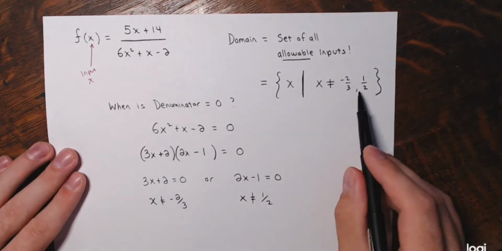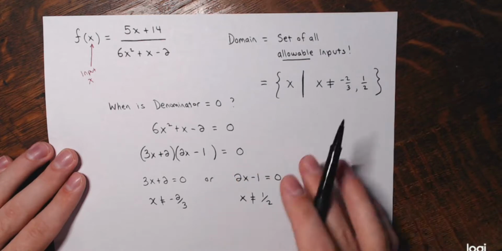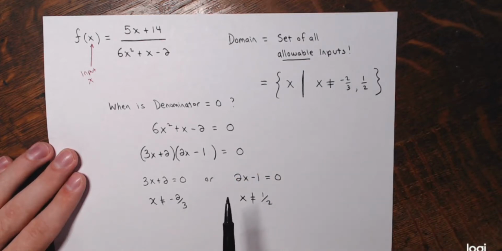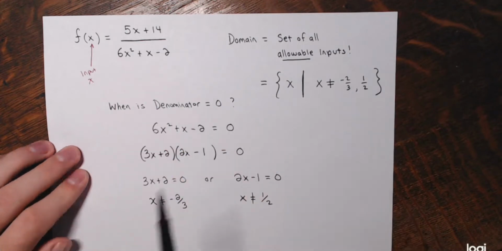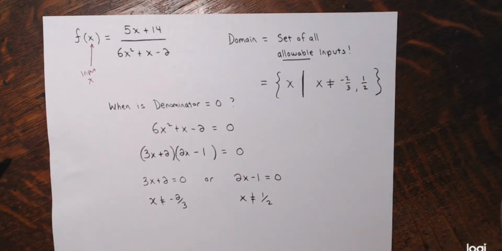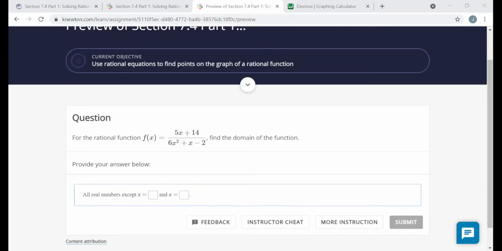As long as neither of these things are happening, you can plug it in, right? So you can plug in any value for the input x you want except negative 2/3 or 1/2. And that's all they're asking for. See the domain here? All numbers you want. The domain is all real numbers.